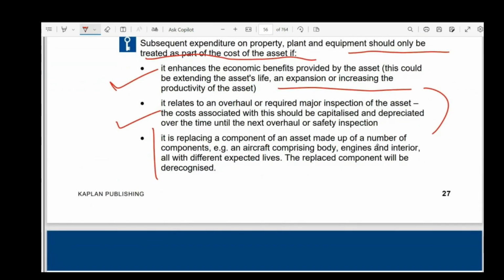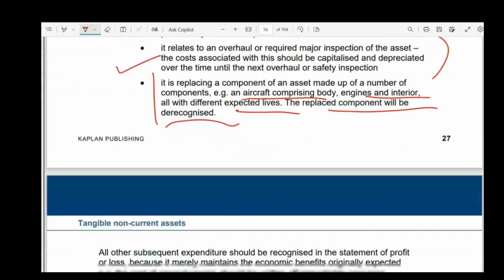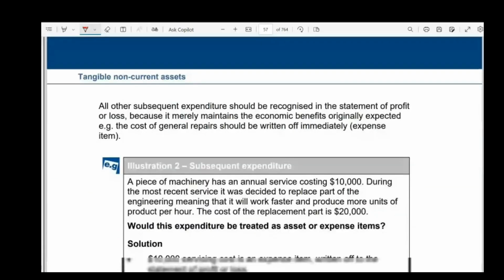If it is replacing a component of an asset made up of a number of components, like an aircraft comprising body, engine, and interior, all with different expected lives, the replaced component will be de-recognized. So the replaced component will be de-recognized.